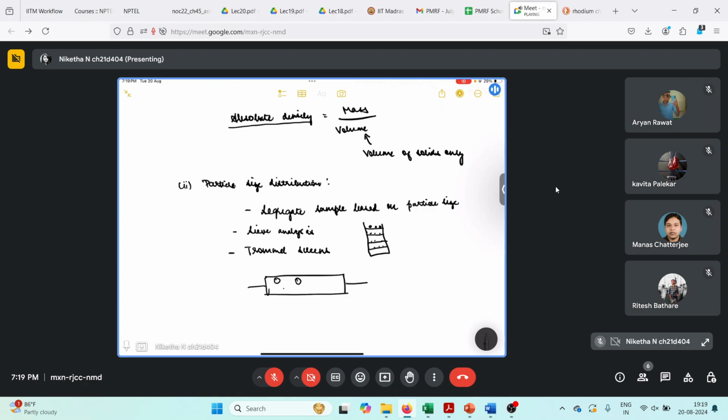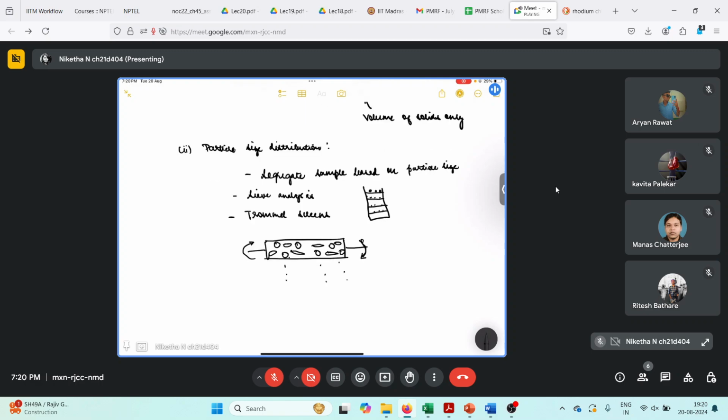It will have screens here. When you rotate the screen, you can open one of the ends and put your solid waste inside. Whatever waste is there, some will pass through the screen, and some will just get retained there. So this can separate particles of different sizes based on the size of the screen that you use.